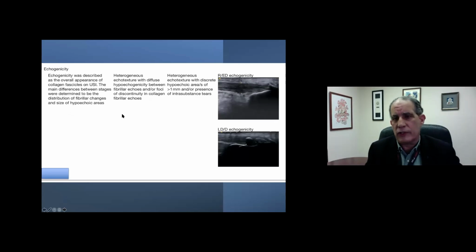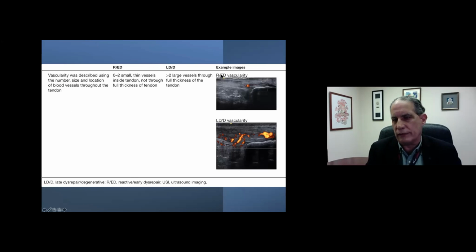Now, this one is in terms of echogenicity. This is an early injured tendon, early tendinopathy. This is a late tendinopathy with degeneration. Look at the echogenicity down here. And it may be more clear with the vascularity.